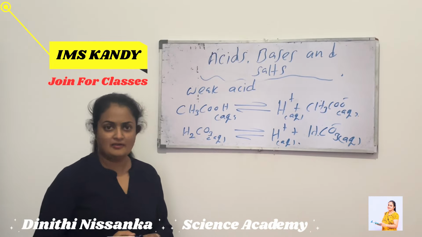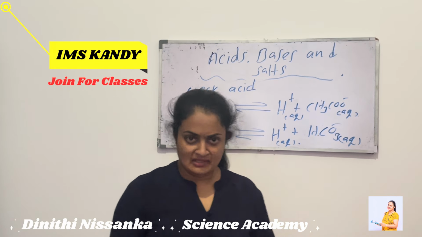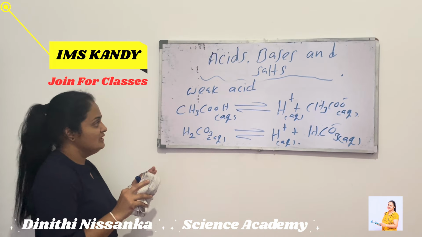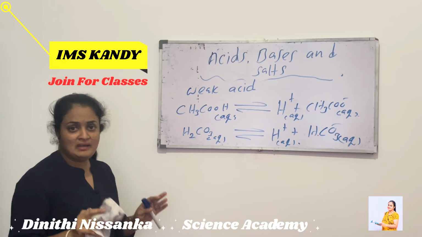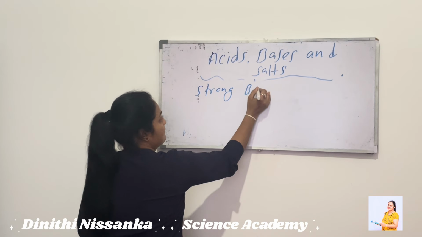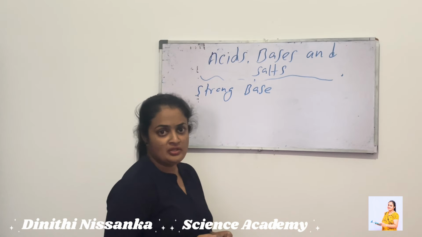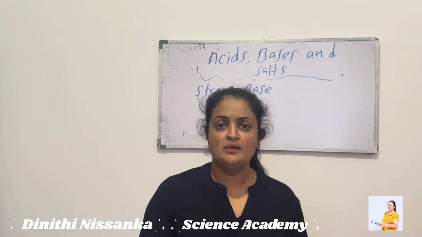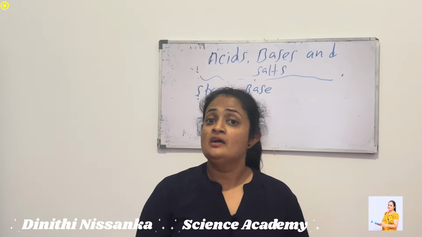Right. Let me see what the strong bases are. Bases are also chemical compounds that release OH minus in the aqueous medium. Sodium hydroxide, potassium hydroxide and barium hydroxide are examples of strong bases.